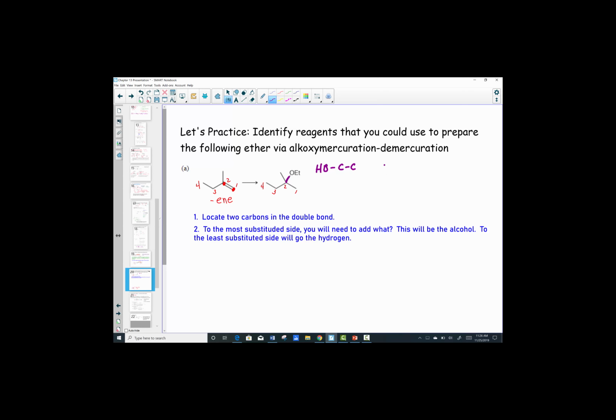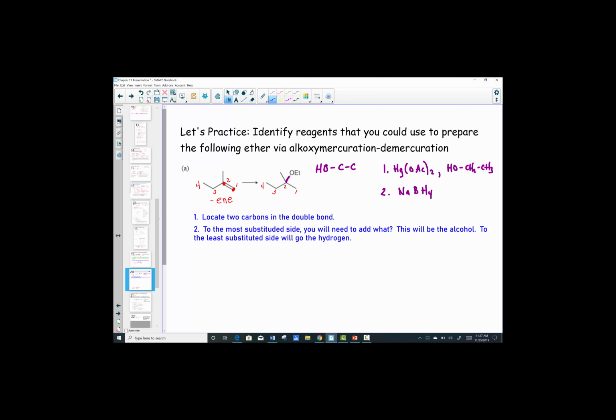This reaction would have the first step of adding your reagent, Hg(OAc)2, and the alcohol we would want to add is ethanol. And then in your second step, the sodium borohydride, NaBH4.